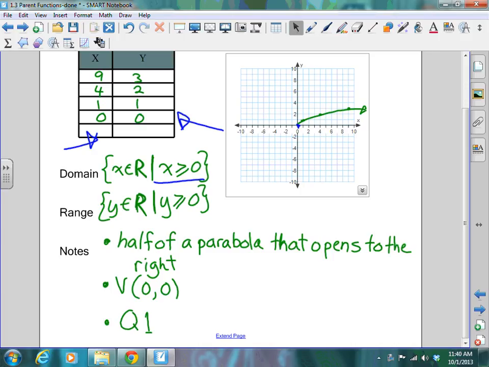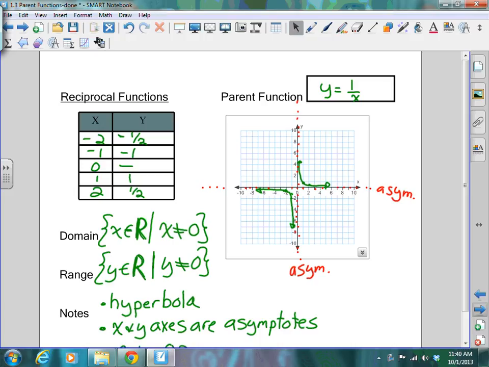Okay, next one is our reciprocal. I like this one. It's the funniest looking one. What we have here is y equals 1 over x for our parent function. When we try to graph this, -2 will give us a value of -1.